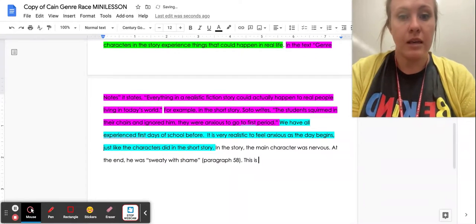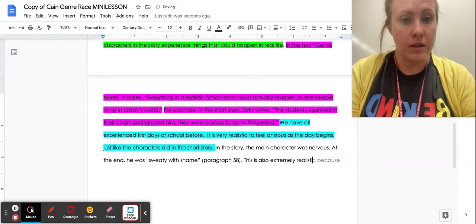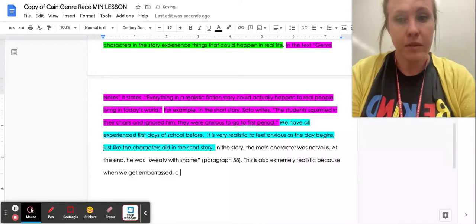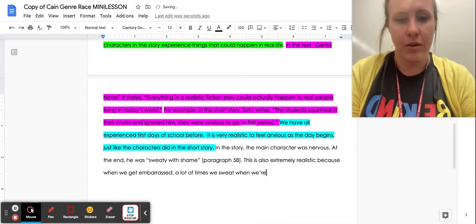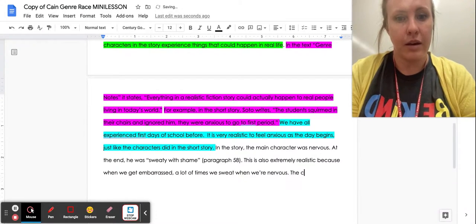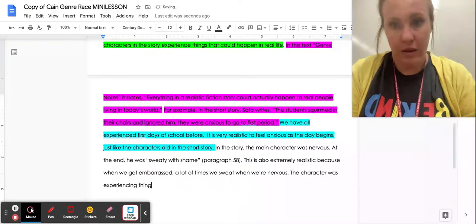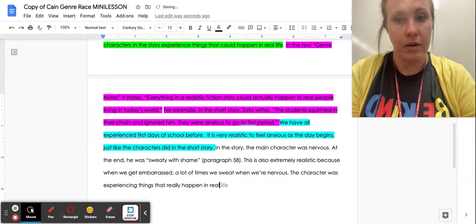So this is also extremely realistic because when we get embarrassed, a lot of times we sweat when we're nervous, right? The character was experiencing things that really happen in real life.